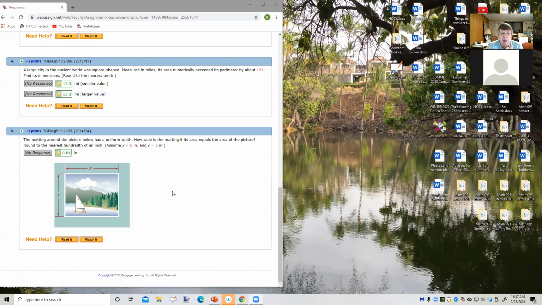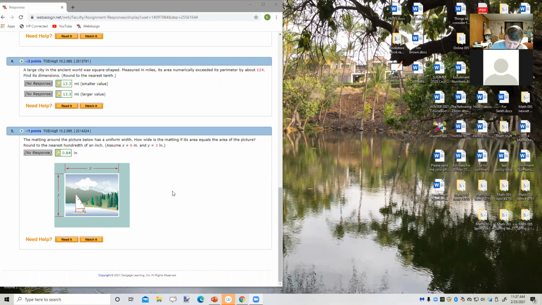Measured in miles, its area numerically exceeded its perimeter by about 124. Find its dimensions. Okay, so its area is going to be in square miles and its perimeter is going to be in miles. But just looking at the numbers, the area numerically exceeds the perimeter by 124.